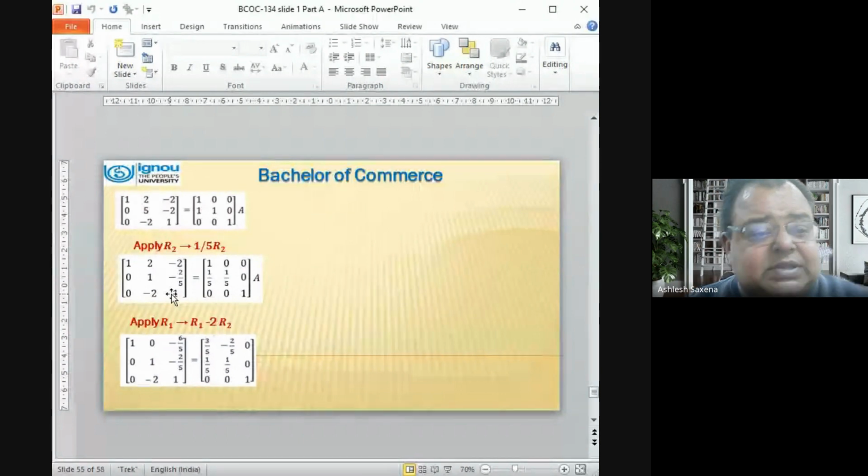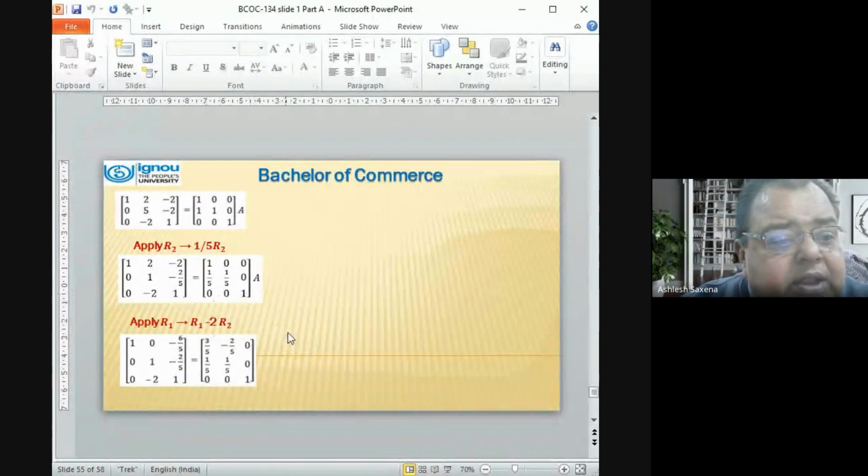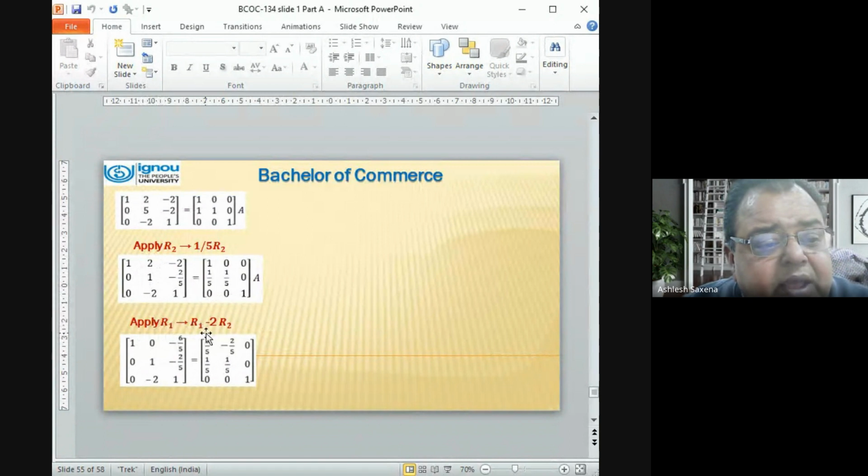Now what to do in the remaining part? As far as the remaining part is concerned, we have to make this part 0. We will be taking the help of the second row. So we will be transforming R1 tends to R1 minus 2 times R2.